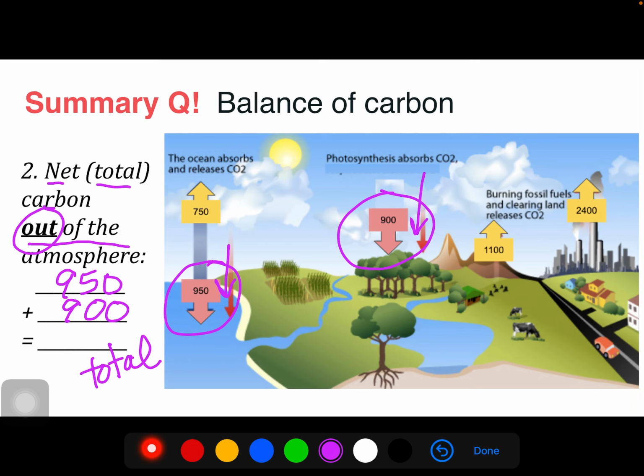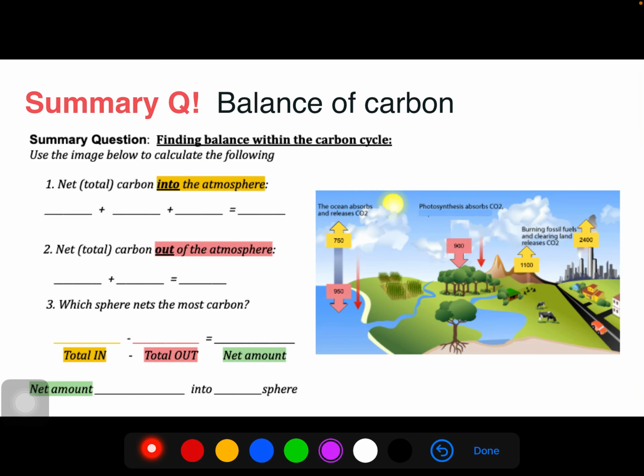So all 5 of these arrows have to do with the atmosphere. So what we want to do is decide, well, what is that total amount between the two, and is it going in or out of the atmosphere? What's my total going to be? So you're going to take the total you got from the ins, place it here.